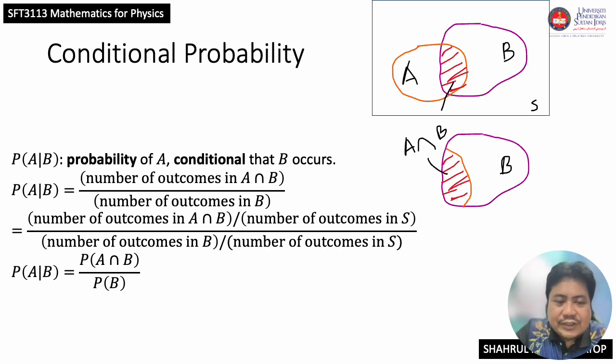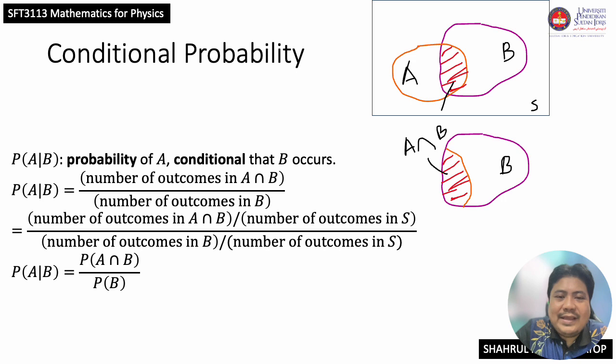This conditional probability can be written as the probability of A conditional on B occurring. That means B must occur first, then what is the probability of A? This situation can be visually represented by this Venn diagram in the sample space.